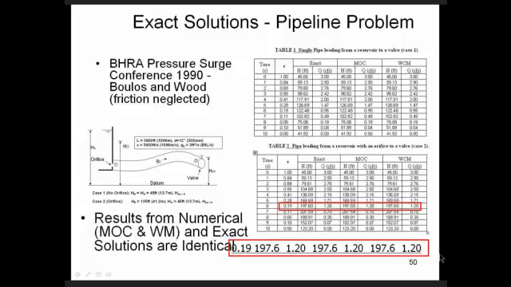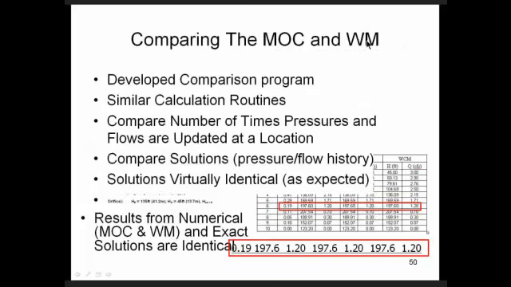At first that seemed sort of strange. Here are these numerical methods giving identical solutions to exact methods, but the mathematician explained that the solution of the wave equations is solved in a stepwise fashion, and so these numerical solutions are basically identical to the exact solution. So that was very encouraging.